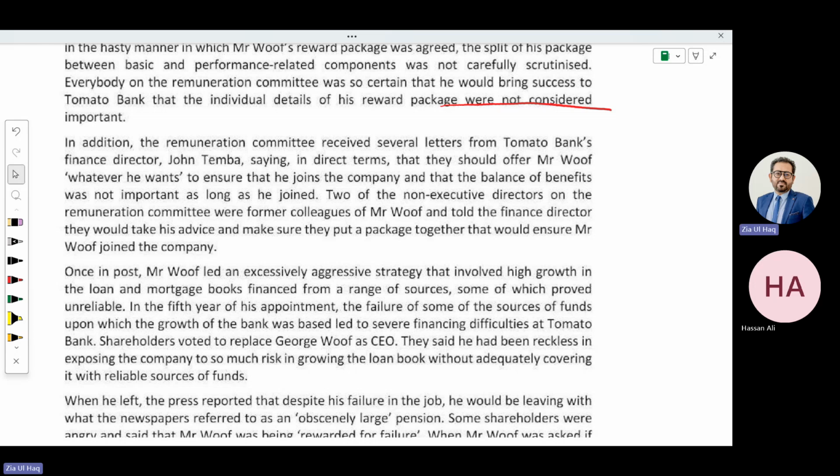That policy will not be independent. And here, finance director influencing the work of remuneration committee, indirectly, he is also involved in setting remuneration policy. So again, this is not independent remuneration policy if they are setting reward package with the voice of finance director, because finance director is an executive director.